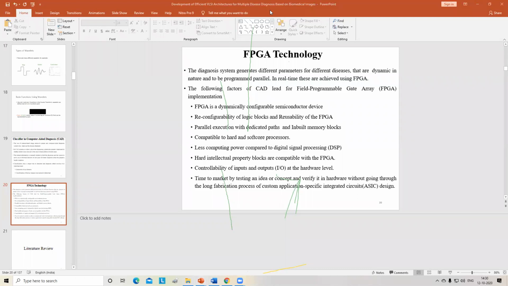Mouse, select text, draw. Clear all drawings. Thank you, sir.